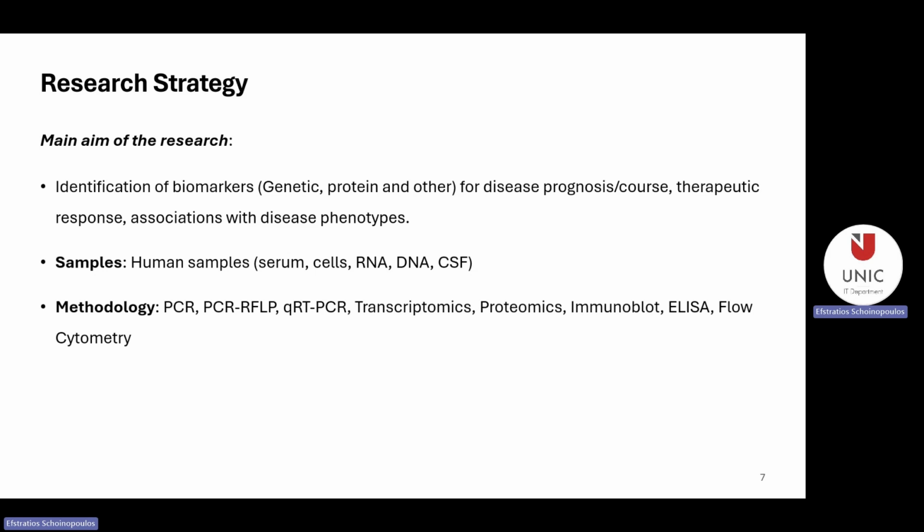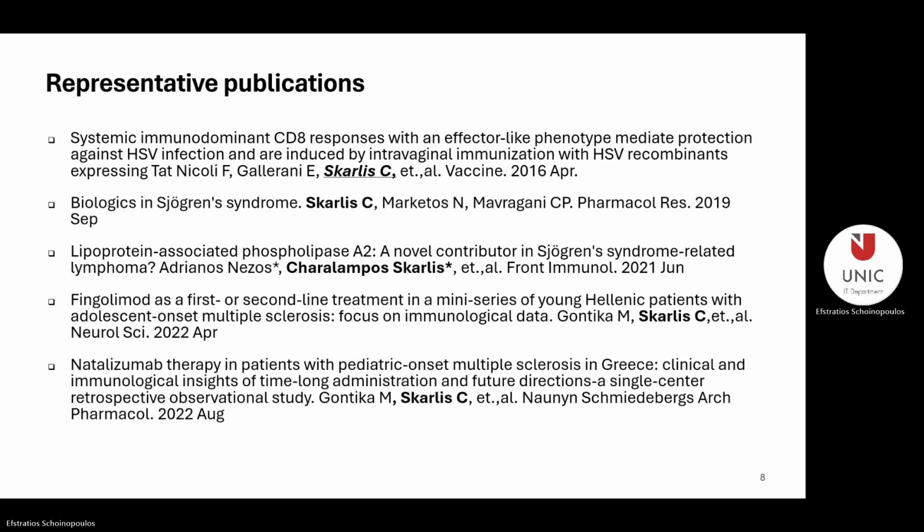I'm applying different techniques of molecular biology and immunology, such as PCR, PCR-RFLP, real-time PCR. We're trying to apply transcriptomics, proteomics, immunoblot, ELISA, flow cytometry, and others. These are some of the most representative publications from my research.